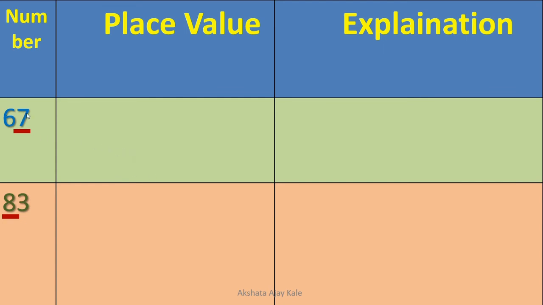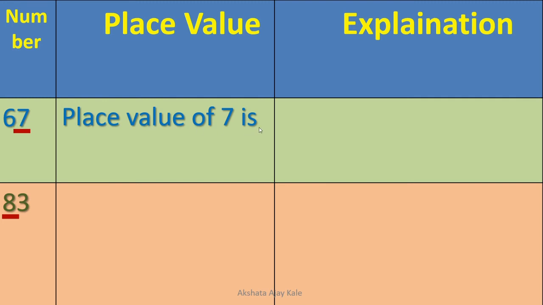First one, 67. We have to consider only 7 here, because the number 7 has underline. Right? So we will write here the place value of 7 is how much? Come on, tell me. What is the place value of 7? 7 is in unit place, right?